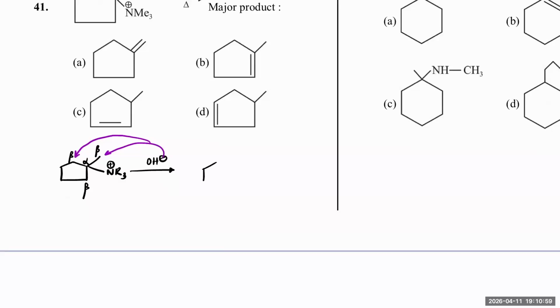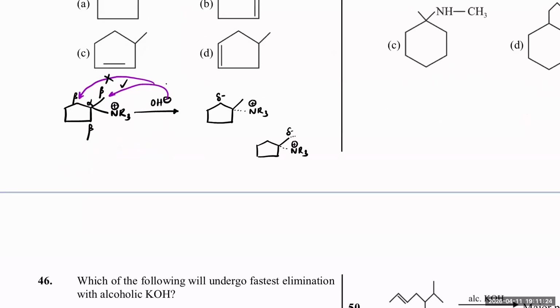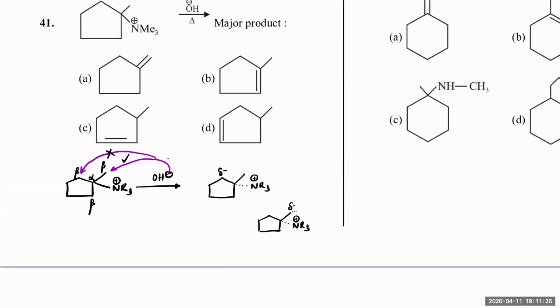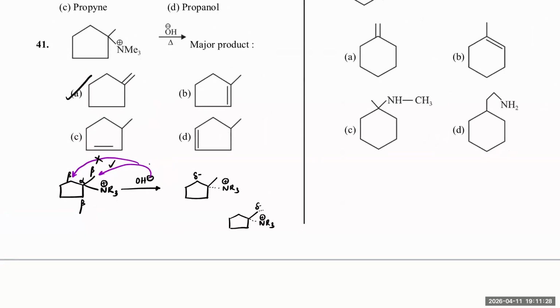Then the major product depends upon which one will get more delta negative charge, because NR3 plus does not leave that easily. Whichever has more delta negative charge, that is the direction where the elimination happens more easily. So this direction is better and this direction is not that good. So the Hoffman product is more favorable, which is A.